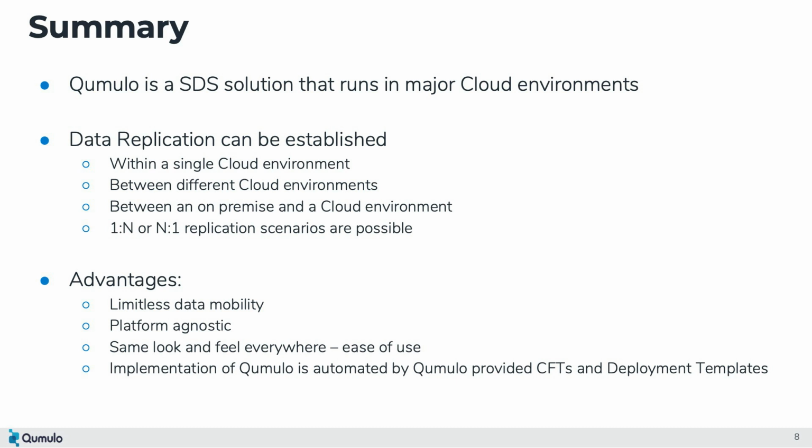That is all possible. The advantages are obvious: limitless data mobility, platform agnostic, same look and feel everywhere, ease of use. You don't really need a training to configure the things that we have seen in the video.